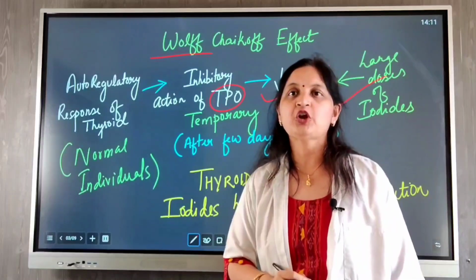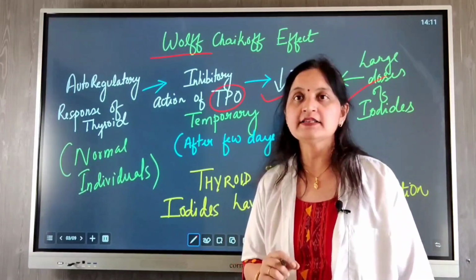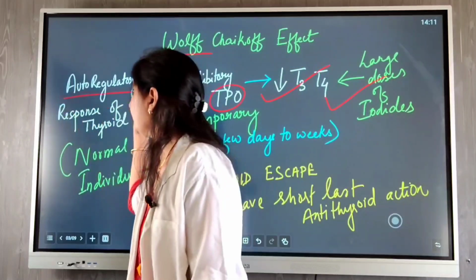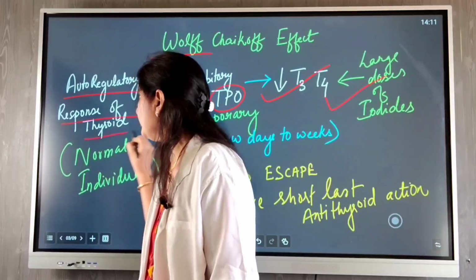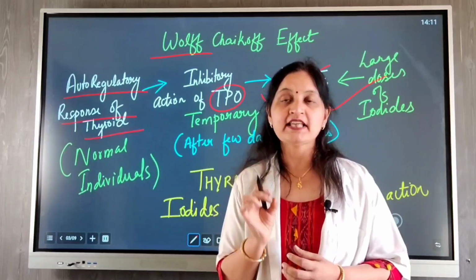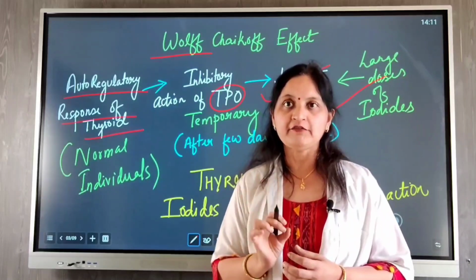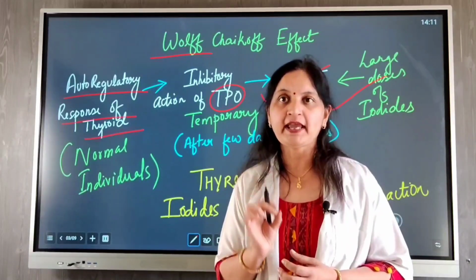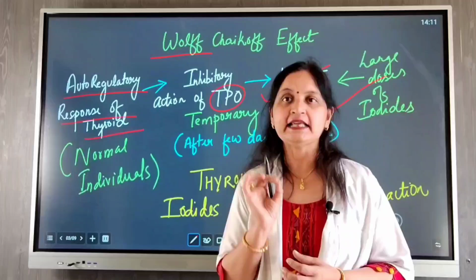This inhibition occurs as a result of the auto-regulatory response of the thyroid gland because of its internal regulatory mechanism, and this happens only in normal individuals where the regulatory mechanism of the thyroid gland is intact.